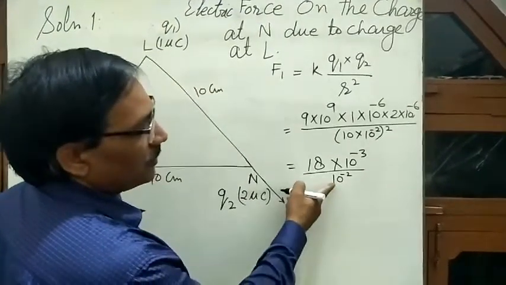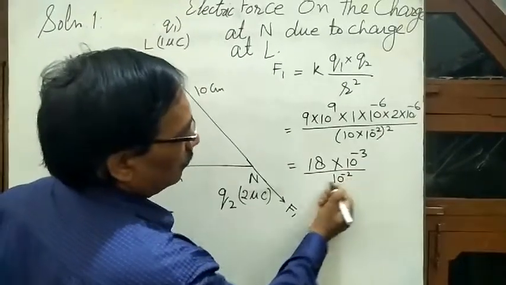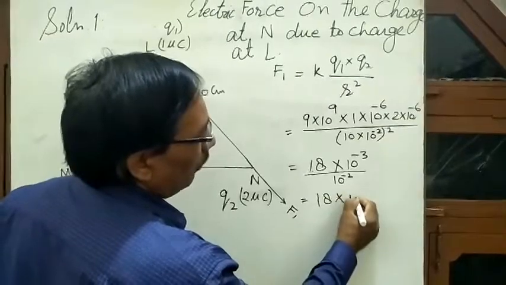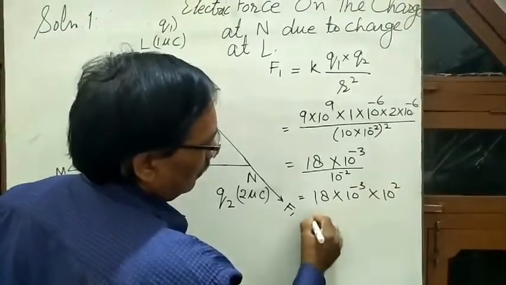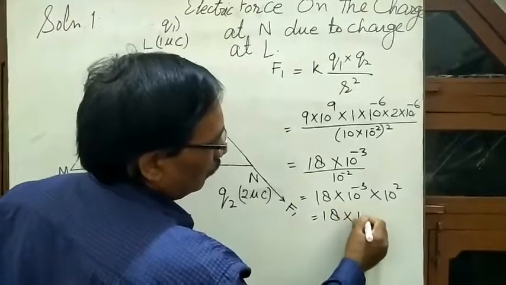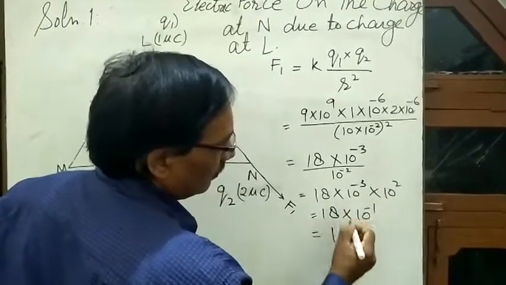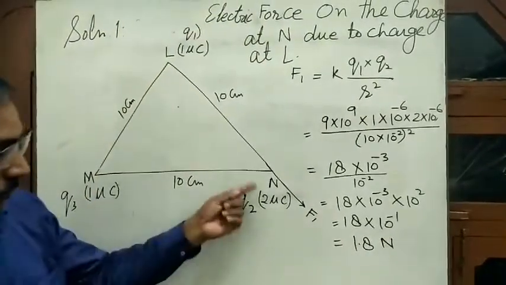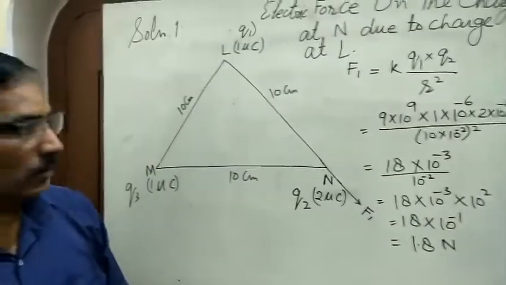When we transfer this 10 power minus 2 to the numerator, it will become 18 into 10 power minus 3 into 10 to the power 2, that is 18 into 10 to the power minus 1, or we can write it 1.8 Newton. We have got F1 is equal to 1.8 Newton.